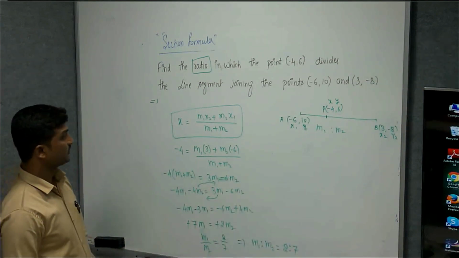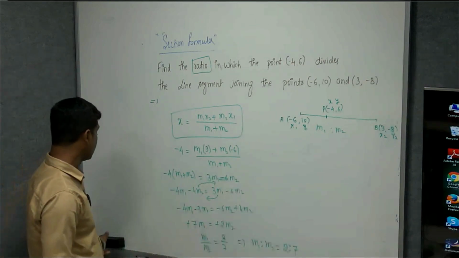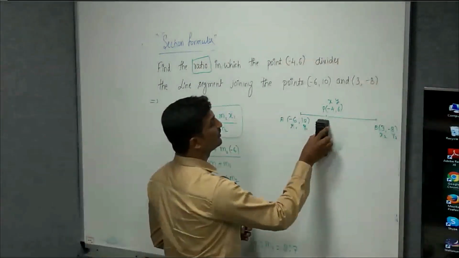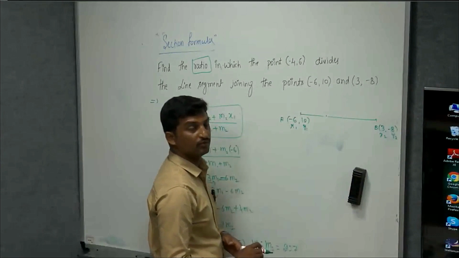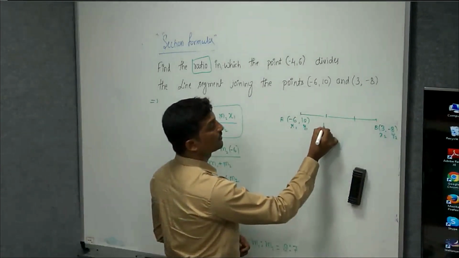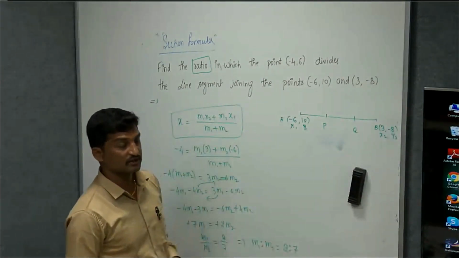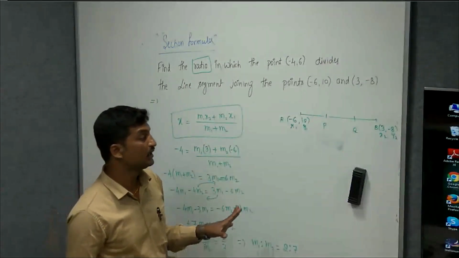And one more problem, sometimes they may ask about trisection. I am not going to discuss that in detail. For example, let us take the same question. Sometimes they will say, find the coordinates of the 2 points which divide it into trisection, so we need to calculate the coordinates of P and Q. Trisection means here they have not given any ratio.